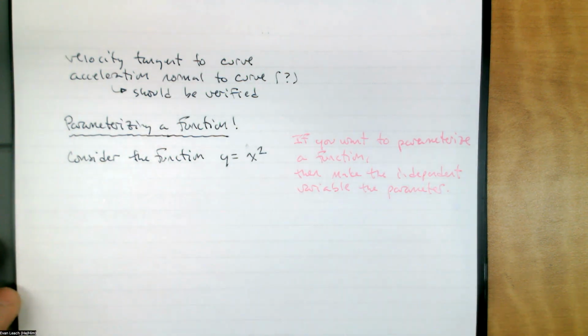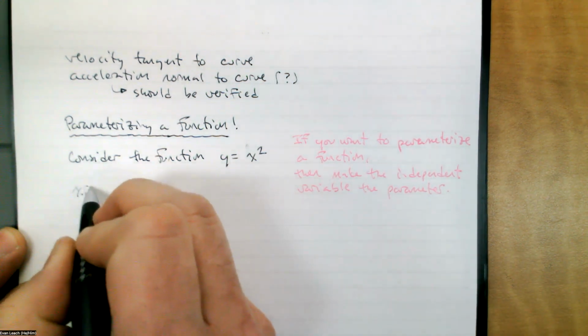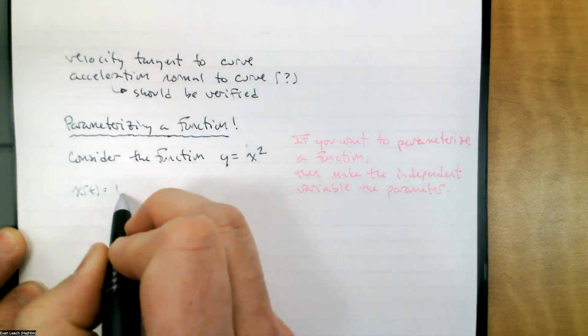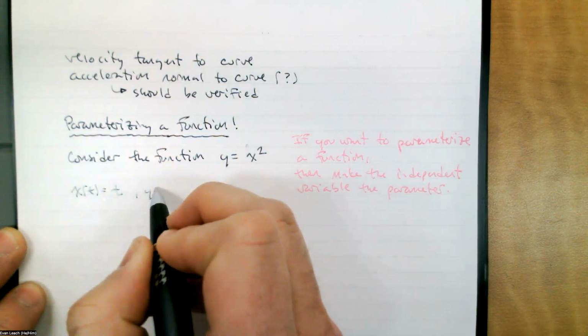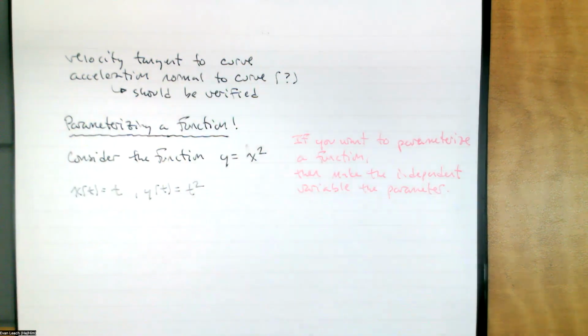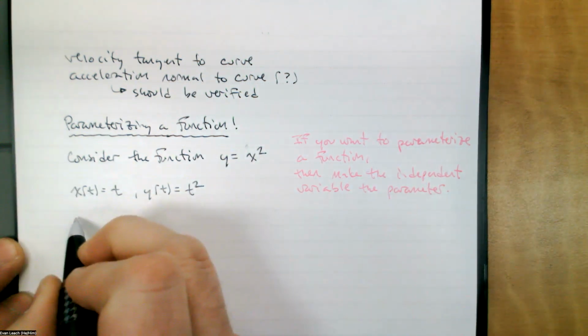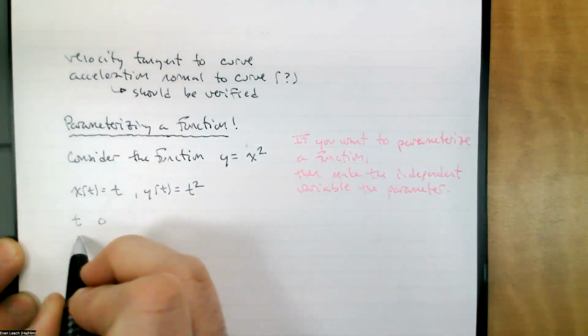If we want to parameterize y equals x squared, just make the independent variable the parameter: y is x squared, and x is the parameter. x of t is t, and y of t is t squared. All the points will give you the ones that you want.